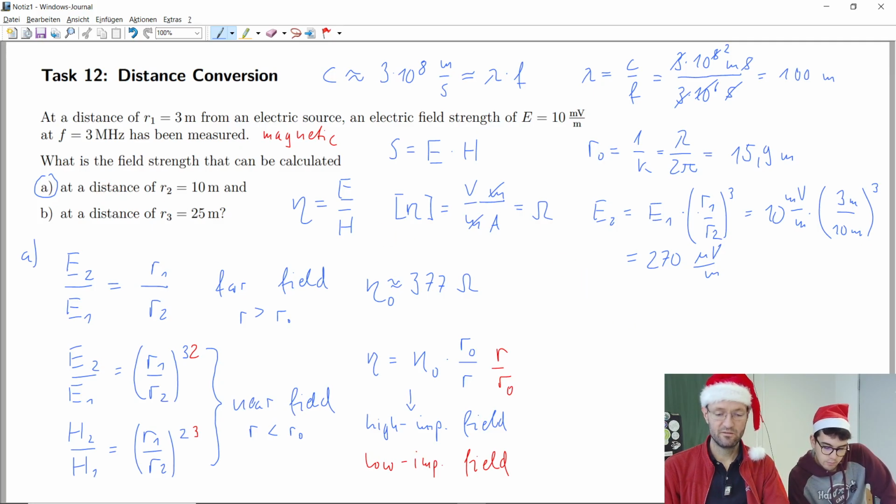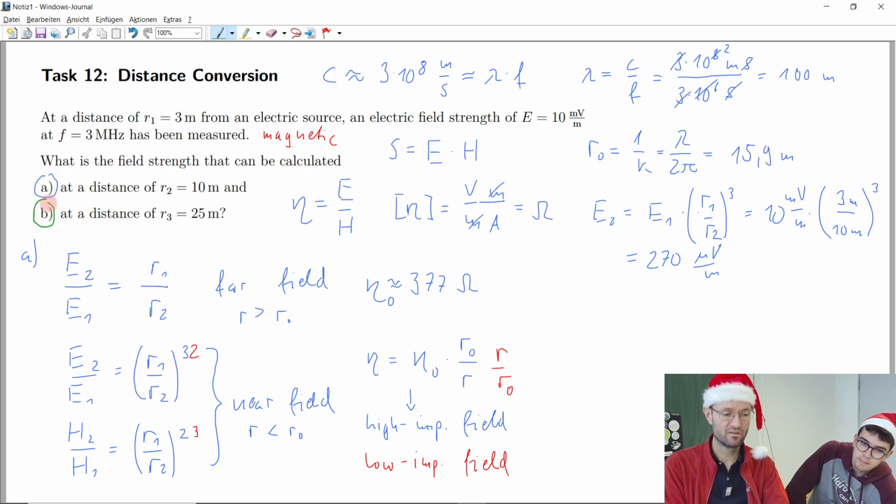Then we can continue with subtask B. For subtask B, now we have a distance of 25 meter. And 25 meter is already in the far field.